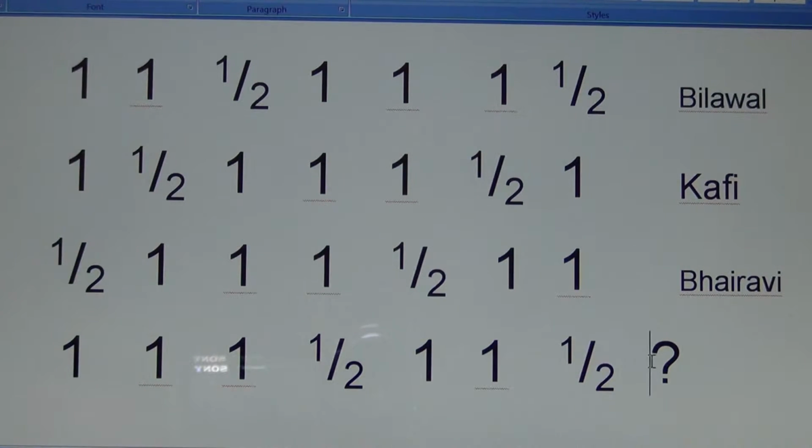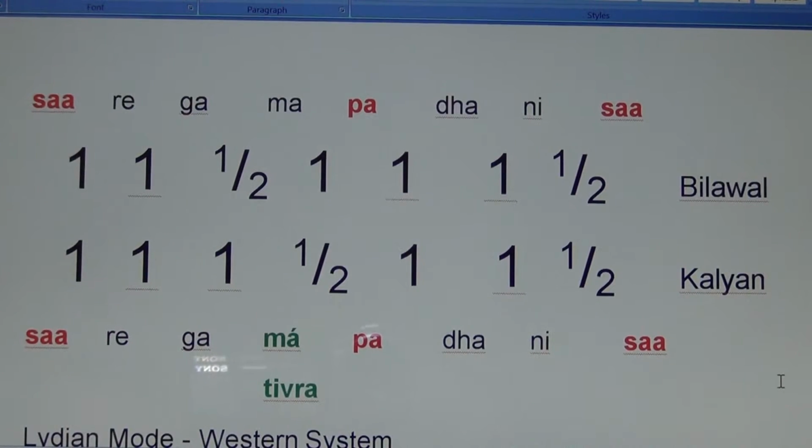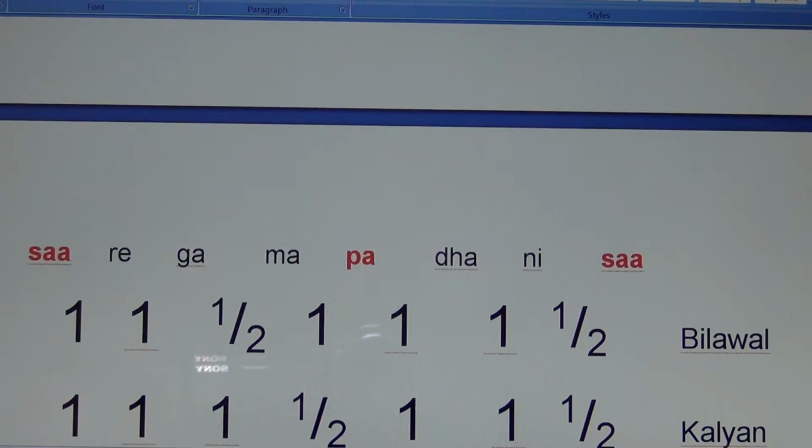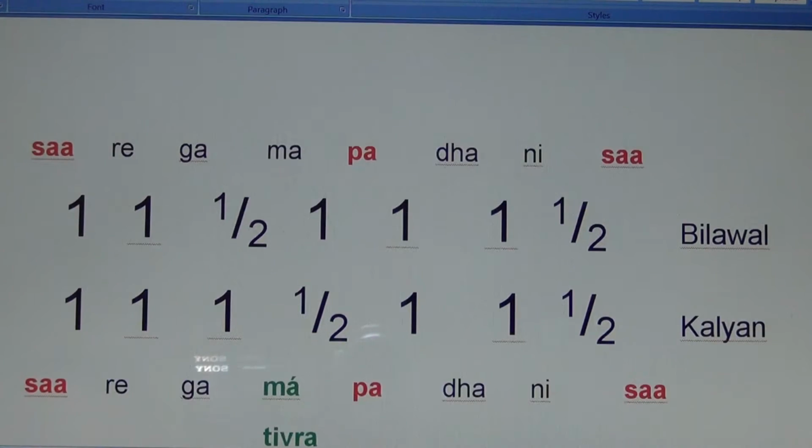What do we call this now? We can go to the next slide, and this is what we have. It is in fact Thaat Kalyan, and it's sometimes called Yaman or Yaman Kalyan.